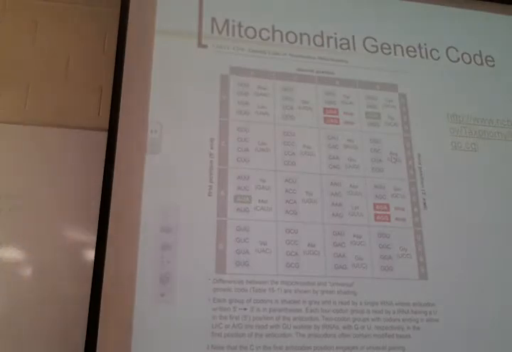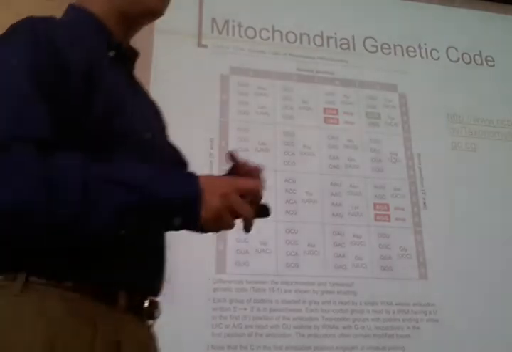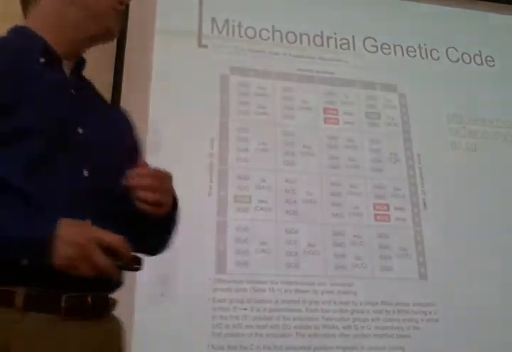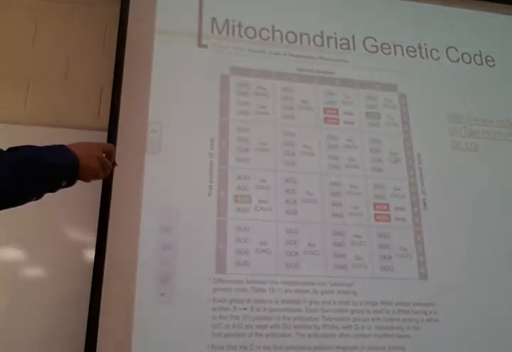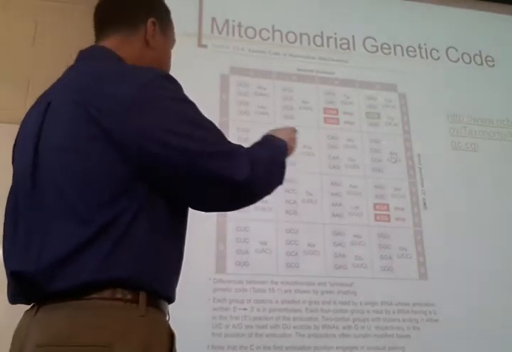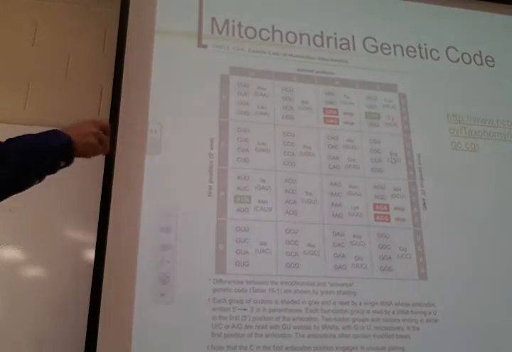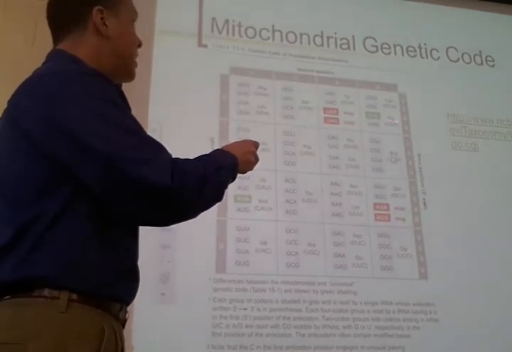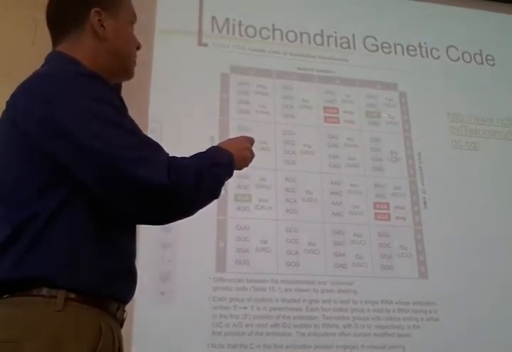There are a couple of key differences between what's now referred to usually as the nuclear code versus the mitochondrial code. And some of them are shown here. Let's see if we can pick them all out. One is that what is a stop codon in the nucleus, or for nuclear genes, is now a coding codon. It codes for tryptophan. So there's one difference.